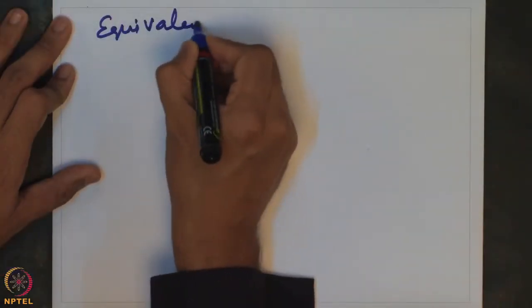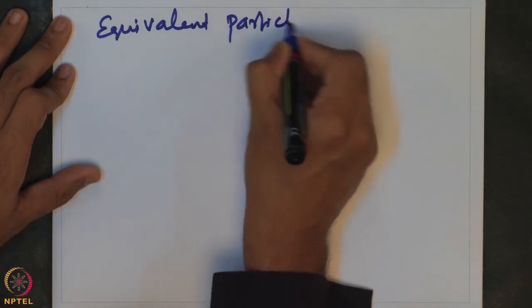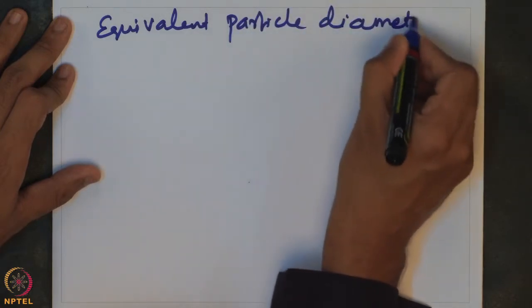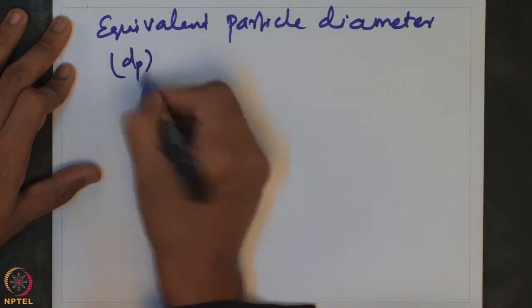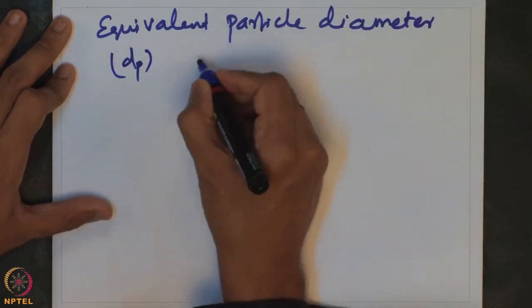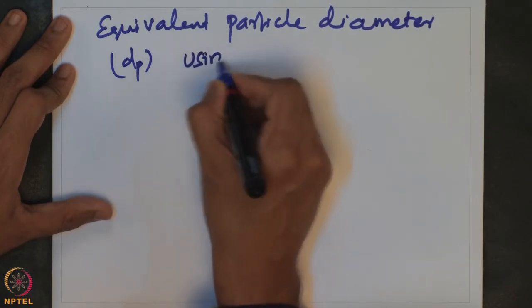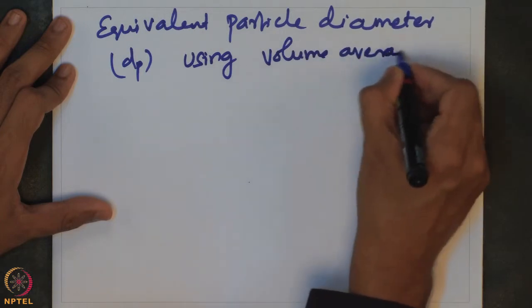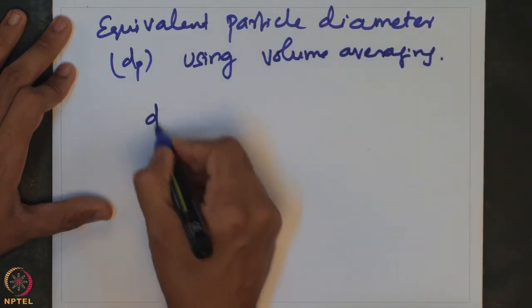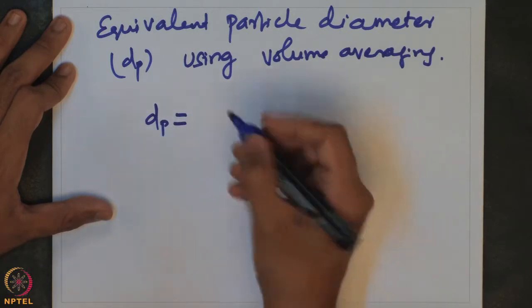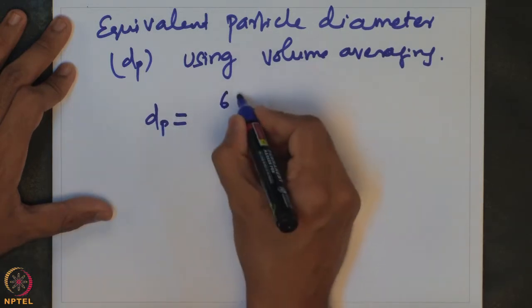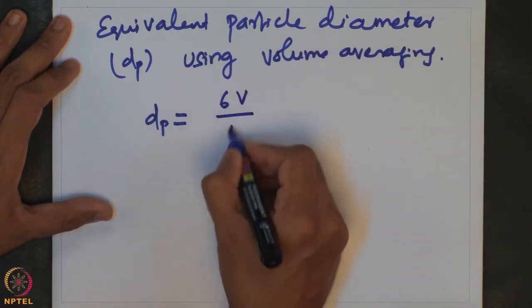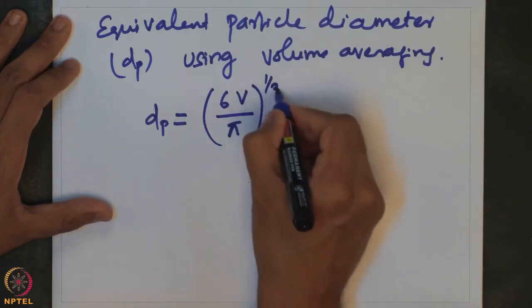So, the equivalent particle diameter dP can be calculated by using the volume average. dP is given by 6 times the volume of the cylinder divided by pi, whole to the power of 1 by 3.